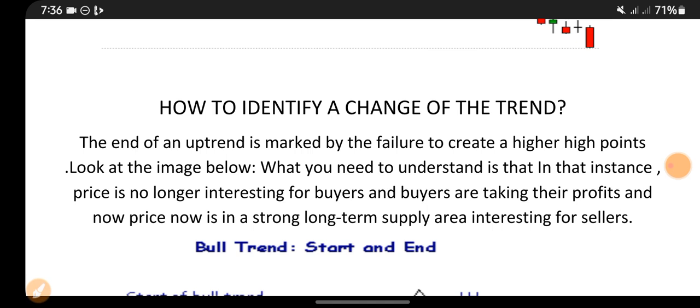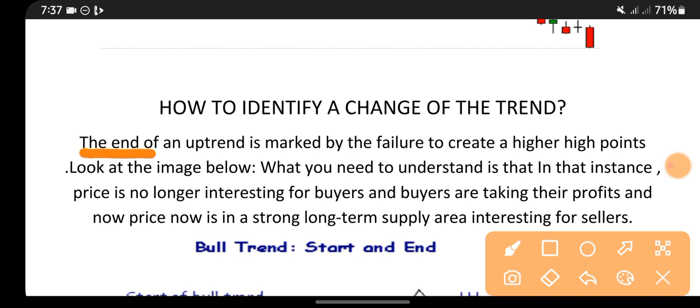How do you identify a trend change? How do you say that, okay, fine, this is in a downtrend, but it is changing into an uptrend? Now, this is how you identify it. The end of an uptrend is marked by the failure to create a higher high point.